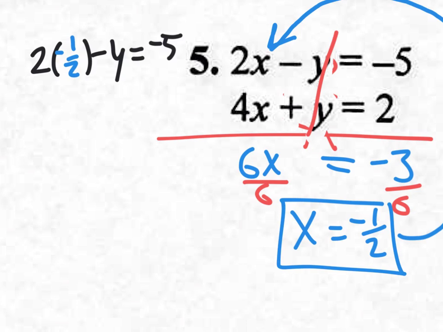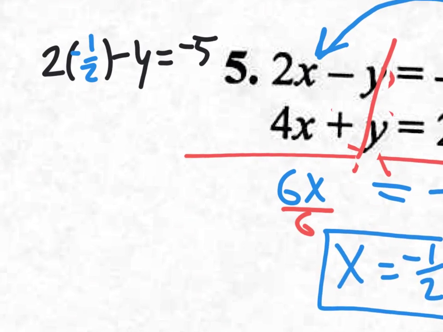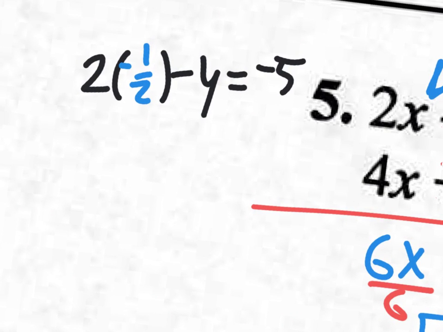Now focusing in on the negative 1/2 times 2, that's easy because when you put it over 1, you could multiply top with the top, bottom with the bottom, or you could simply cancel out the 2's. So I really end up with a negative 1 minus y equals negative 5.